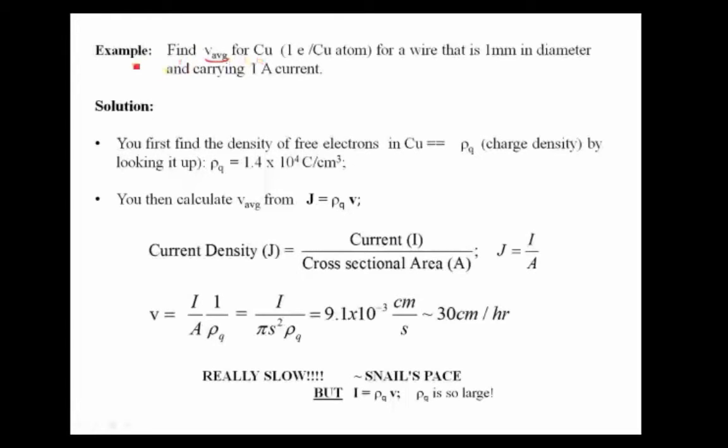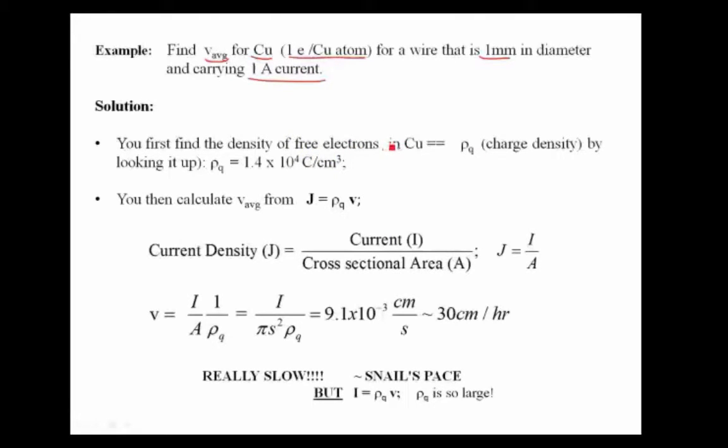So let's do an example. Let's find the drift velocity, or V average, for a conductor, let's say copper, and we're going to assume 1 electron per copper atom. And so we'll have this conductor be a wire that's 1 millimeter in diameter and carrying a current of 1 ampere. We first want to find the density of free charge. This would be the free electrons in the copper.